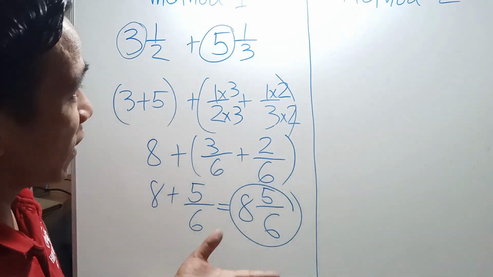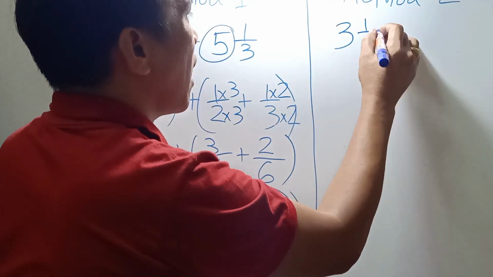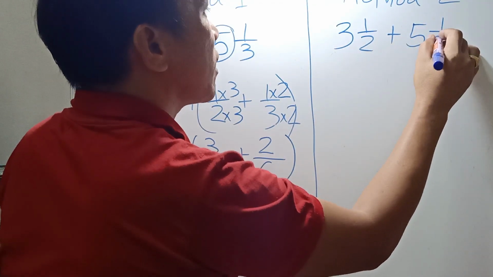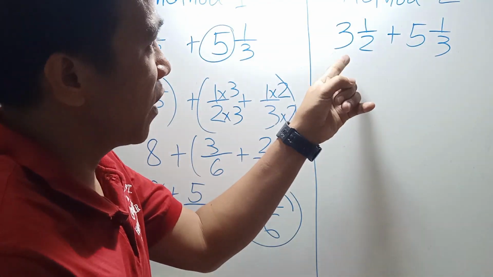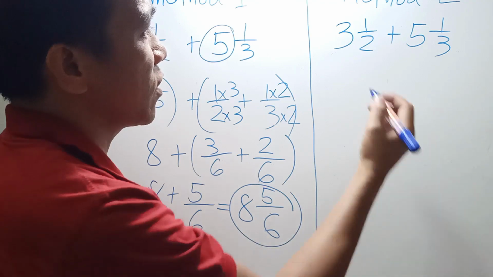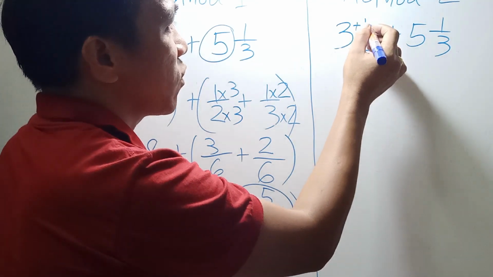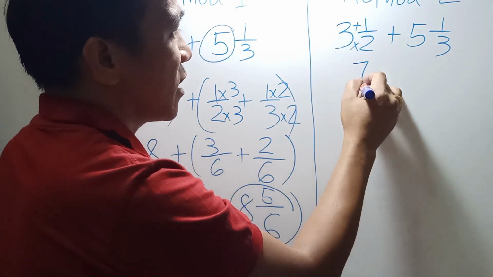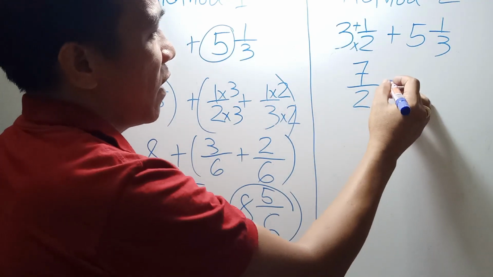Okay. Now in the second method, we just copy first 3 and 1/2 plus 5 and 1/3. So the same process in our second method. We just simply multiply 2 times 3 plus 1. So 2 times 3 is 6 plus 1 is 7, and then copy the denominator, which is 2. Okay?